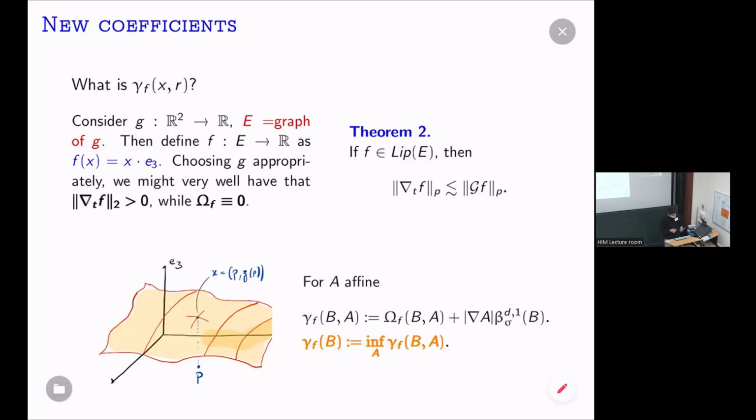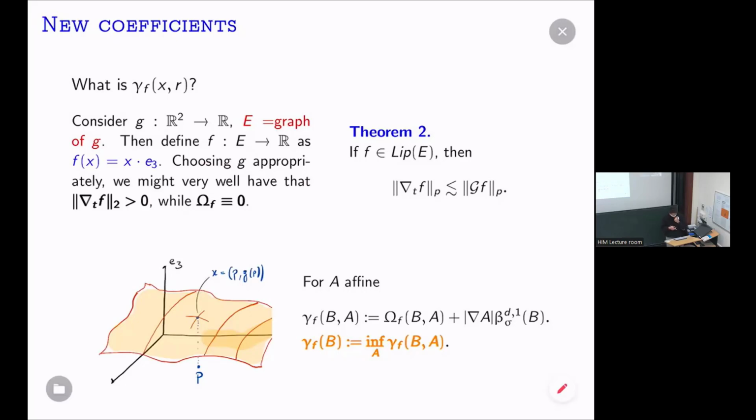So if we consider an example, where we take G to be some smooth function, like in this case, and this is the graph of G, and then we define F to be an affine function on this surface, one can check that it may happen that the tangential gradient has positive L2 norm, while of course the omega number will be 0.